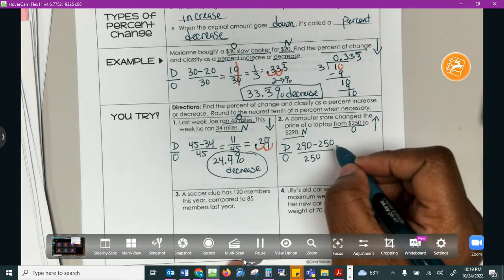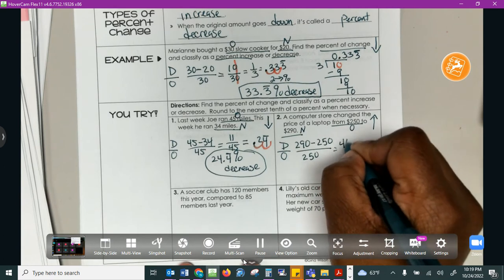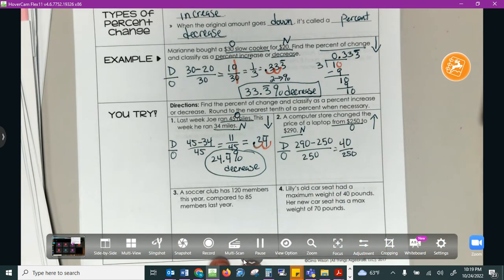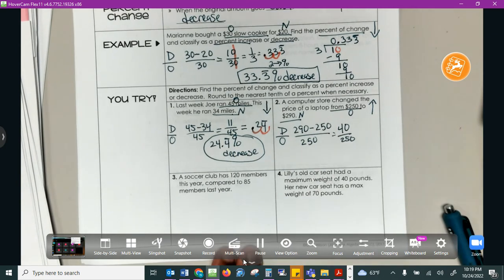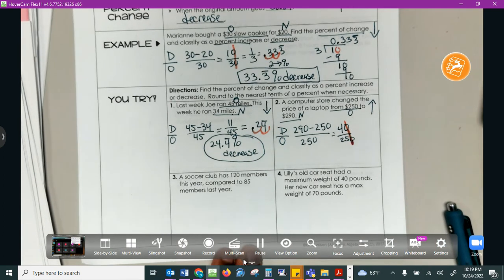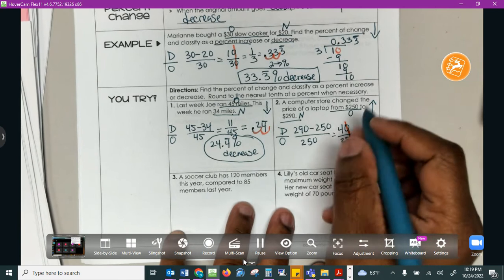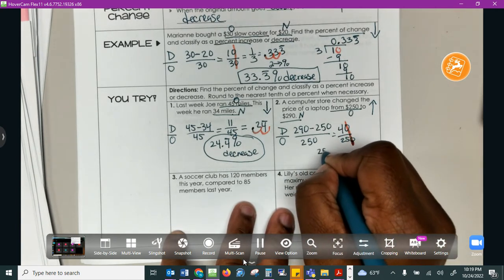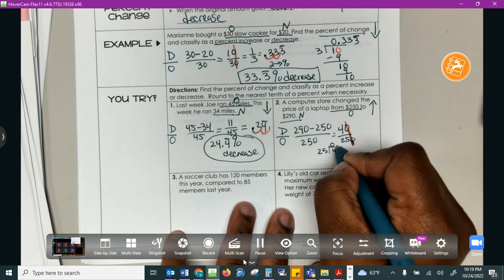So 290 minus 250, that's 40 over 250. So remember, we said that if they both end in 0, I can cross out those zeros. So I'm really looking at 4 over 25. So when we do the math, we can say, how many times does 25 go into 4? Well, I know it doesn't go into 4.